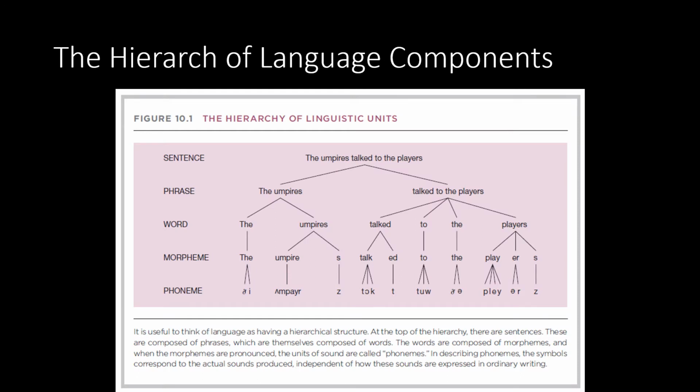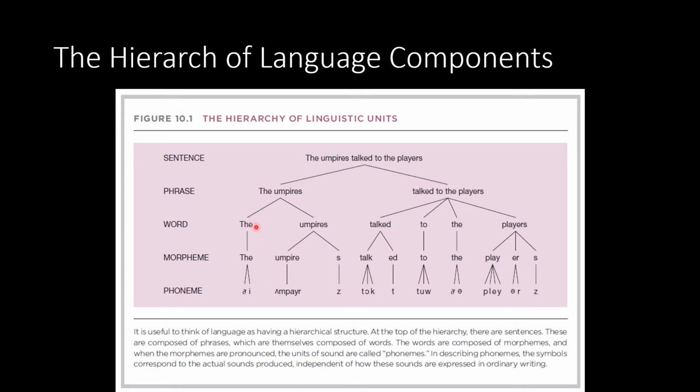When it comes to how language is organized, here's a general picture of how this works. And so you have phonemes at the bottom. These are the base sounds. These are then combined to form morphemes, which ultimately are the smallest units of meaning. These can either be words themselves or combined to form words. So here you have the, which is a morpheme, stands by itself and indicates the presence of something.